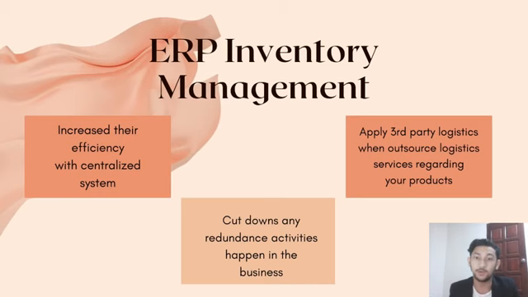Your business will be able to apply third-party logistics when outsourcing logistics services for your products, since your supply chain from the suppliers and the logistics party will be able to link and synchronize simultaneously.